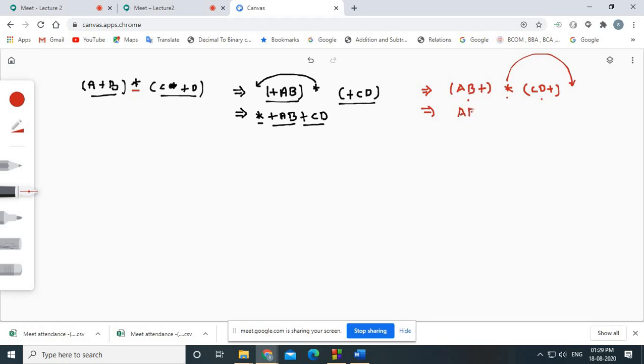My first operand is AB plus, my second operand is CD plus, and then we write the operator. So AB plus CD plus star will be the postfix of this particular infix expression.